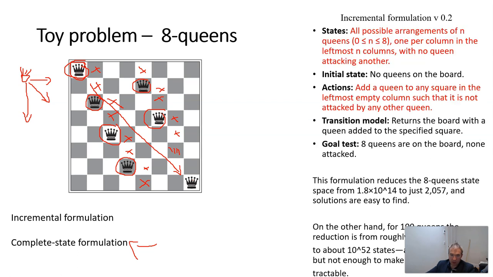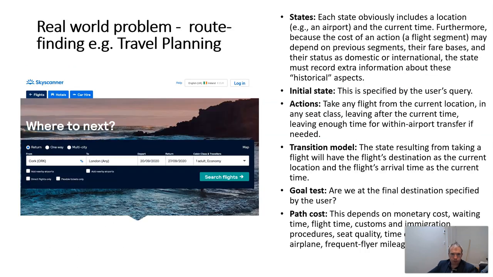That results in a very laborious manner of actually trying to derive a solution, because you're going to hit multiple failures: put a queen here, then you put a queen here, and you say, oh, fail, try again, and so on and so forth. So by changing the state formulation, we're actually improving the tractability of the problem. I hope that makes sense.